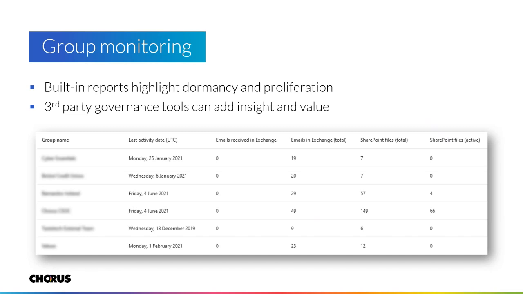So that can give you some insight. This is also one of those areas where third-party governance tools can add a bit more insight if you need it. So if you need to track things like orphaned groups where a team no longer has an active owner, these kinds of tools can add some insight there.